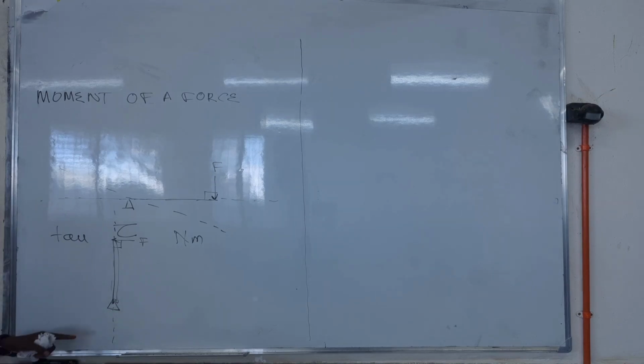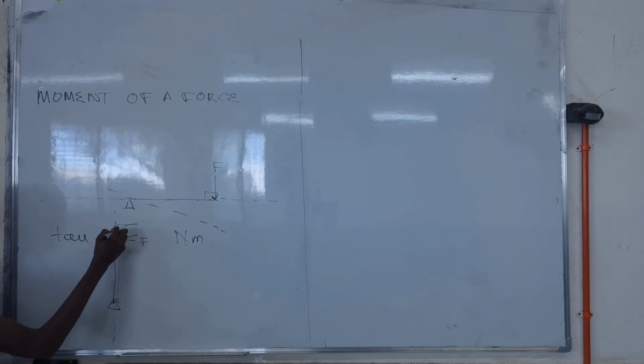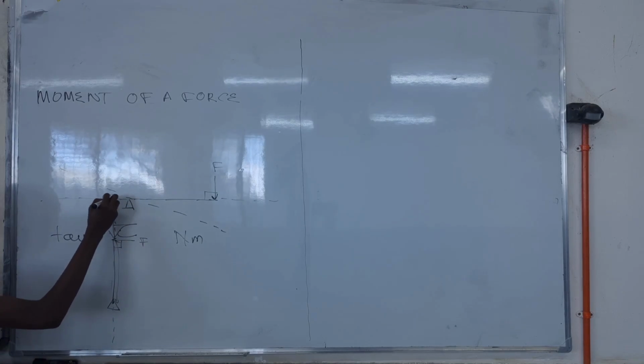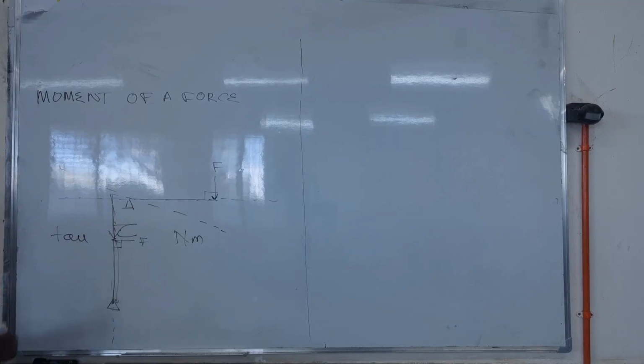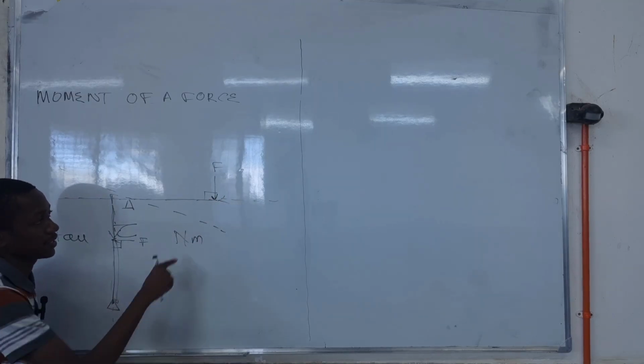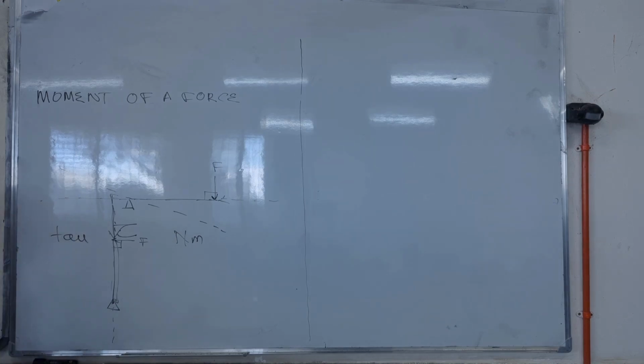And the reason I'm bringing that up is because I want to tell you that when a force is acting in the same direction as the line of action, it has no effect. Okay. So basically, when you have a force acting here, it has no effect. It's not going to produce any moment. Even here, when you have a force like this, it's not going to produce any moment. That you guys already know.